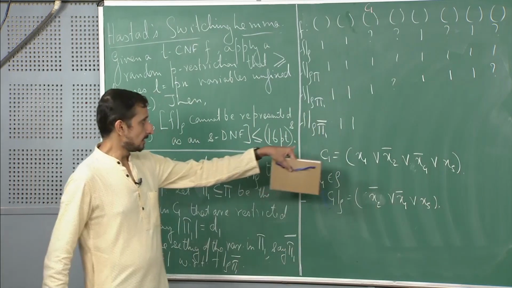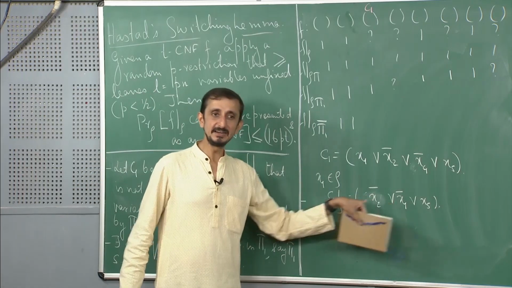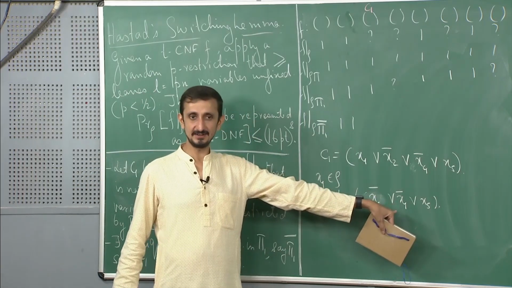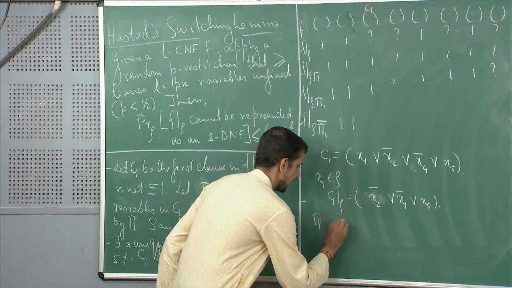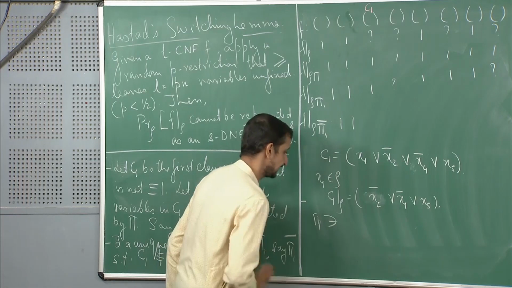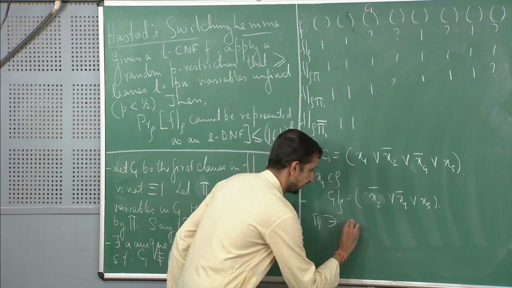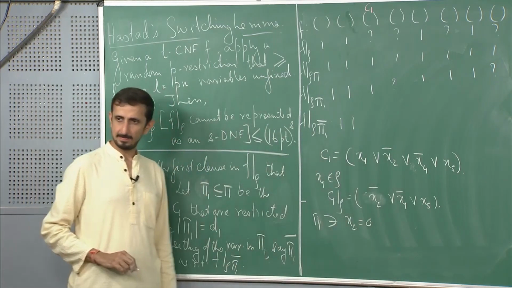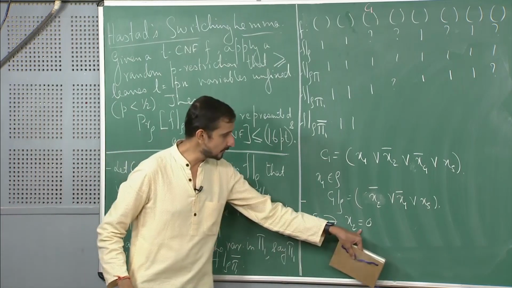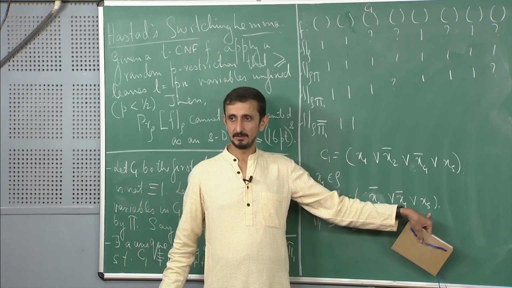Now, my pi 1 can just fix any one of these literals, it need not fix all the remaining literals. So, suppose pi 1 contains the restriction x2 equal to 0. If I set x2 equal to 0, then this clause gets evaluated to 1.